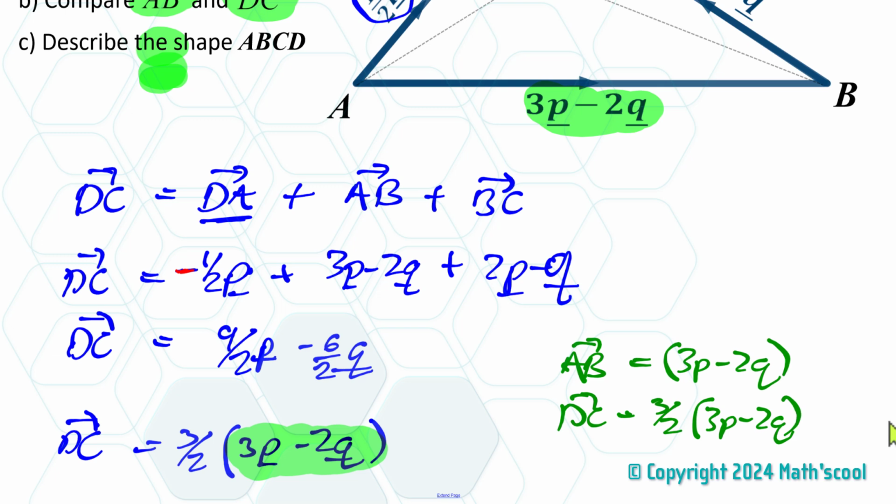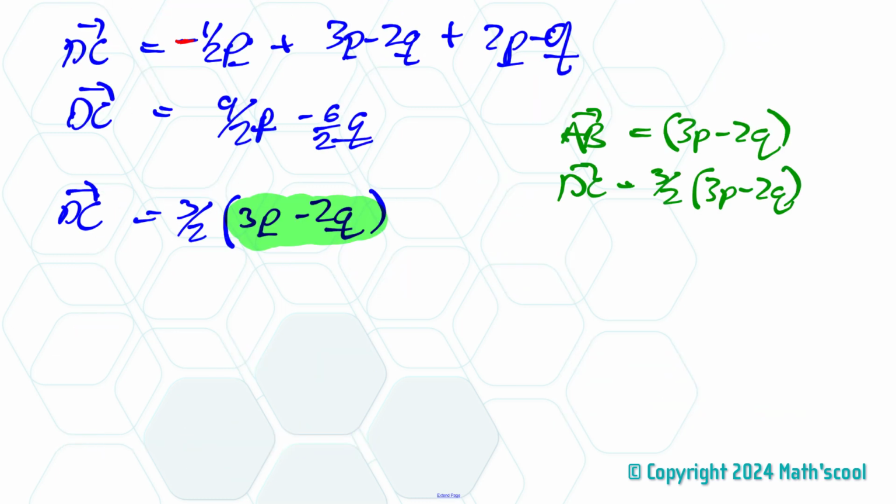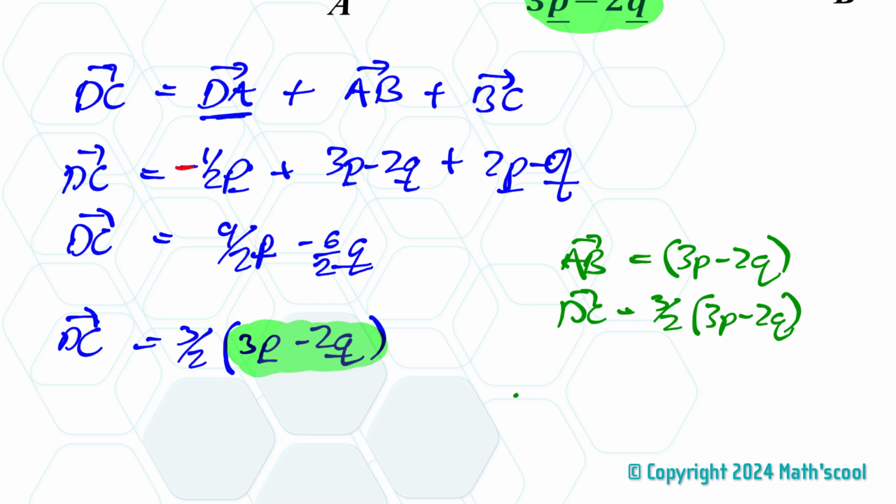So that tells us that D to C, the multiplier here is times 3 over 2.